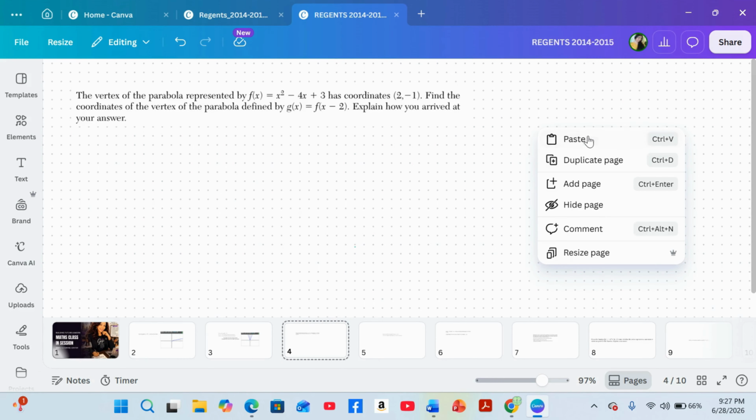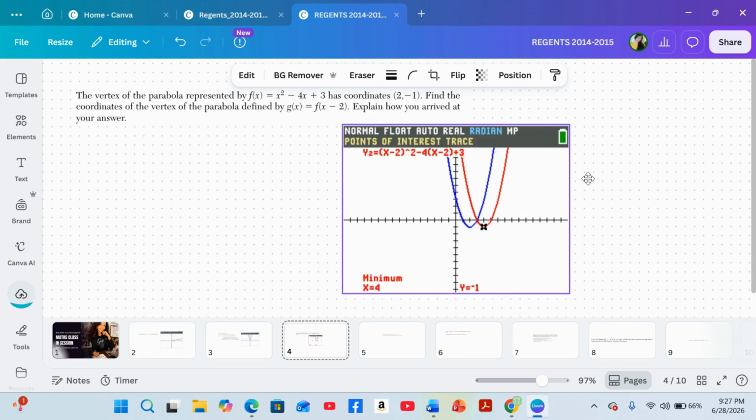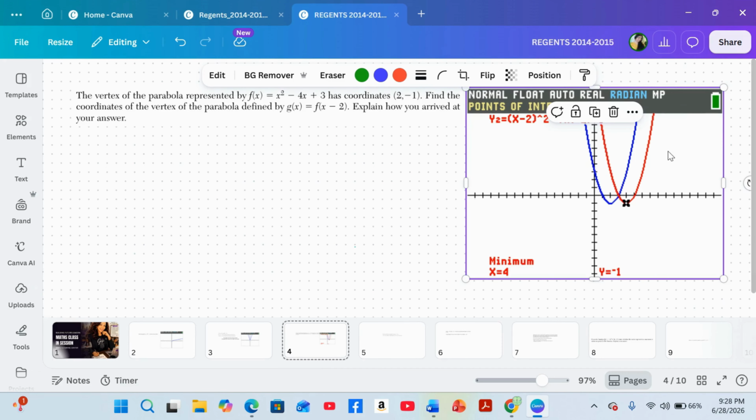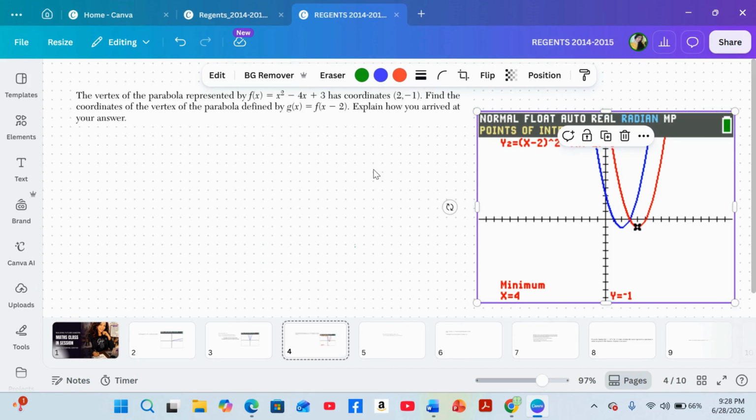I did that because they asked us to do a two-part question. So find the coordinates of the vertex of the second parabola: it is 4, negative 1. That's it. And explain how you arrive at your answer.